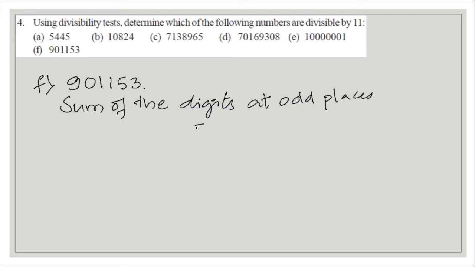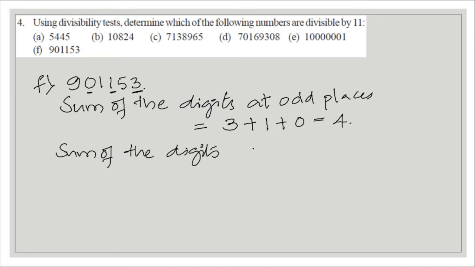Here the sum of the digit at odd places will be 3 plus 1 plus 0. The sum is 4. Sum of the digits at even places will be 5 plus 1 plus 9.